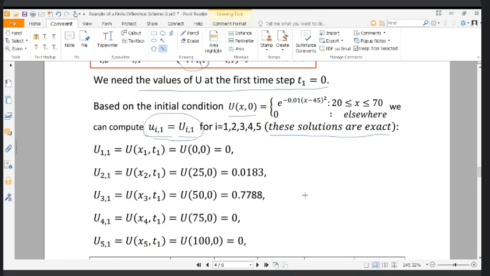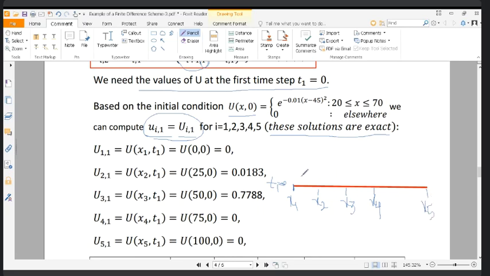Please pay attention. This is the time level t1, equal to 0. We have 5 points at this time level: x1, x2, x3, x4, and finally x5.